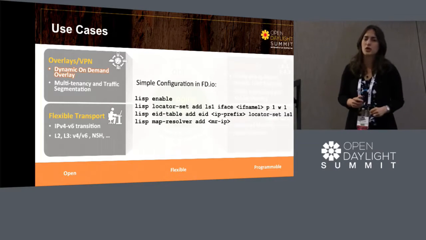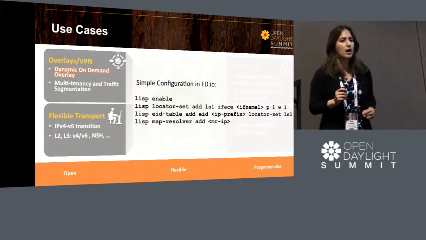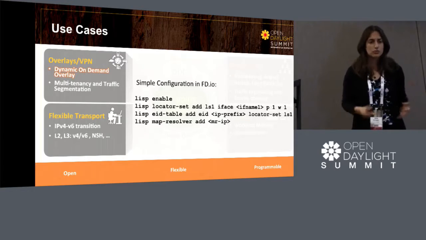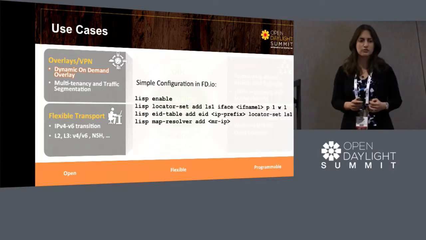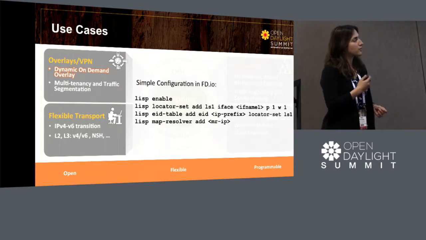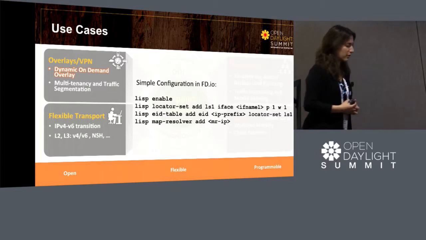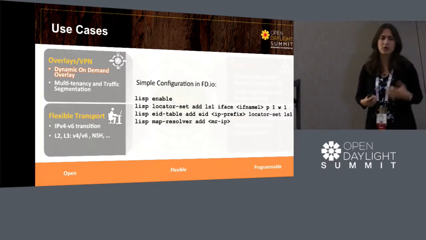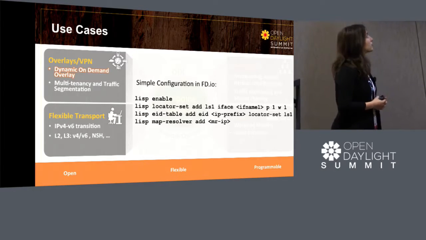The implementation will look up the mapping system on demand and send your traffic to the destination without any additional configuration. Now, there are multiple ways that you can drive an overlay. BGP, for instance, and so on is used in many places. But the point here is that you can see it's very simple to program and configure, and that's to the point, or one of the goals that we mentioned, which was simple programmability of this overlay.